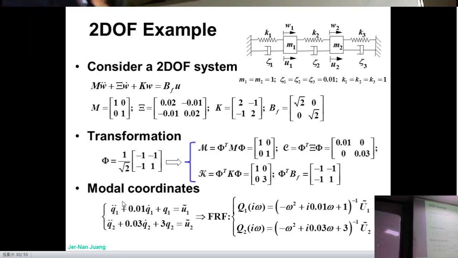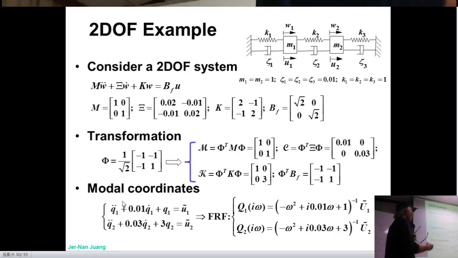So if you transform to this Q coordinate, we call it modal coordinates, meaning they all decouple. Is that understandable now? Why modal coordinates? Modal coordinates mean we can see the frequencies, we can see the dampings, and we can see the motion later on. I will show you how to do it.